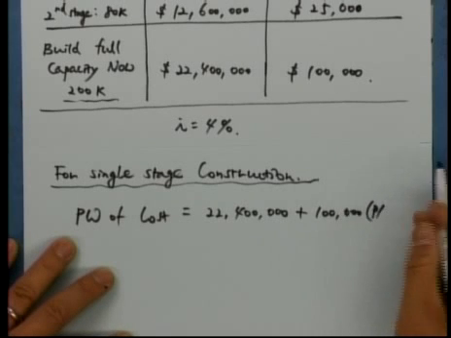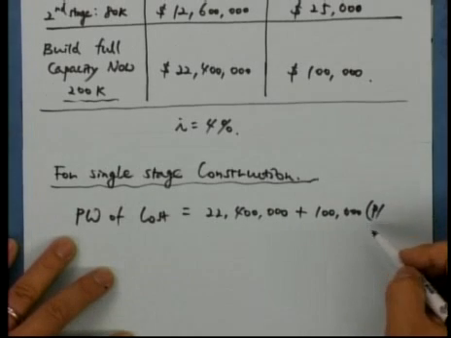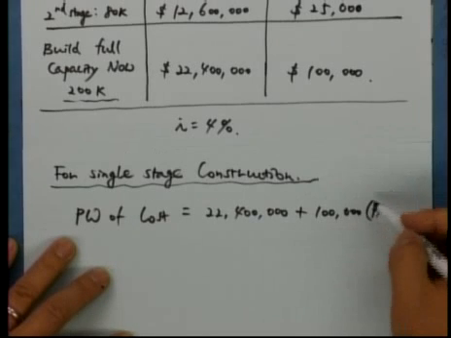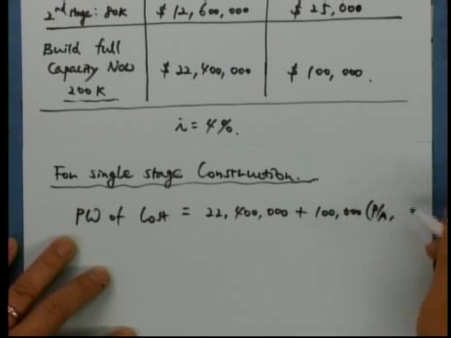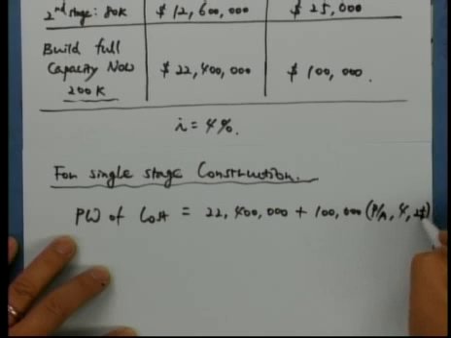So it should be converted to the equivalent present sum of money. So you need to multiply by P given A, 4% of interest rate over 25 years.